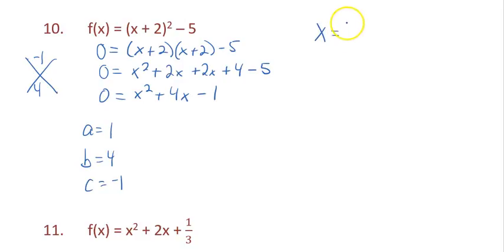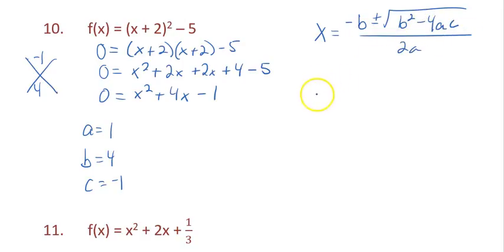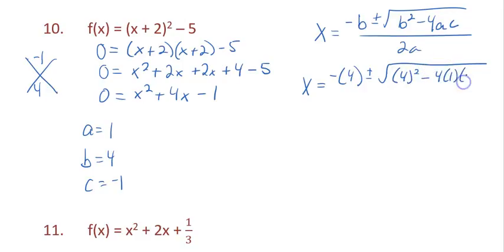So the quadratic formula is x equals -b plus or minus the square root of b squared minus 4ac all over 2a, just in case you've forgotten it. And so I'm going to plug in what I have. I have -4 plus or minus the square root of 4 squared minus 4 times 1 times -1 all over 2 times 1.